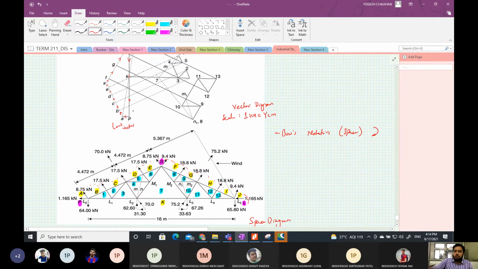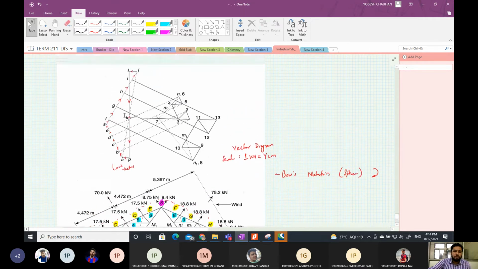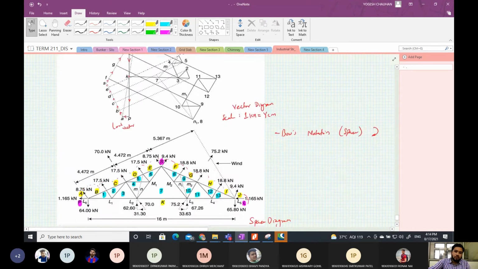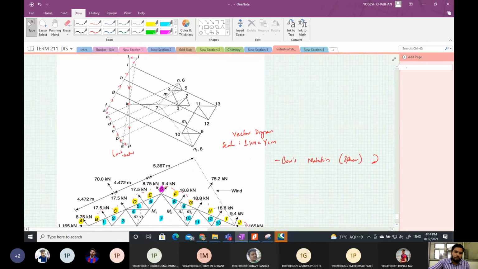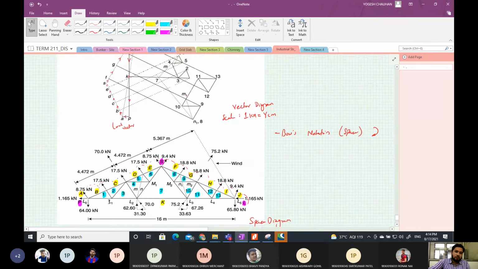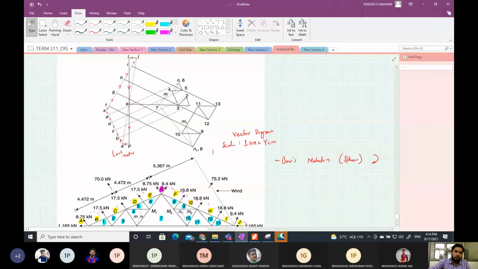So this is how your load vector will be drawn, and then you draw a member B1 line parallel to B1. From this B, draw a line parallel to B1, and its intersection with line K will be your point 1. So this is your point 1 here.